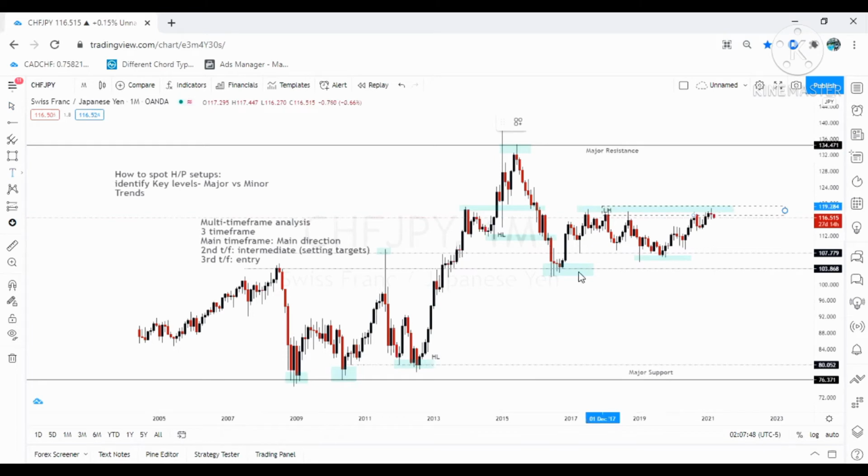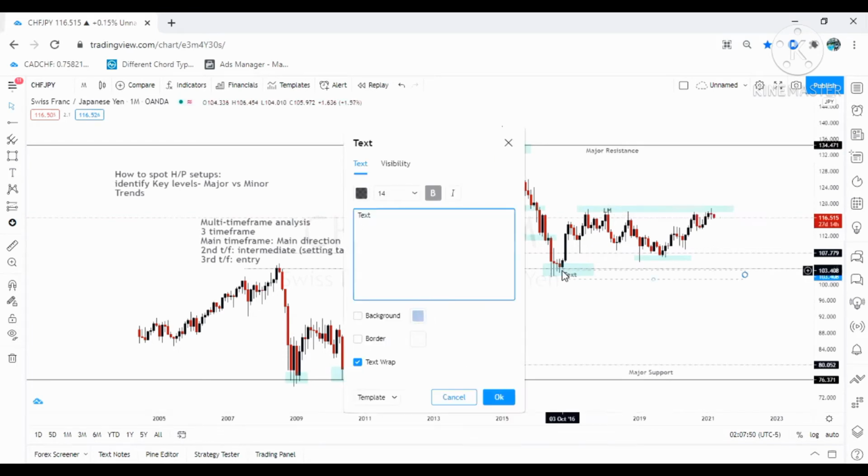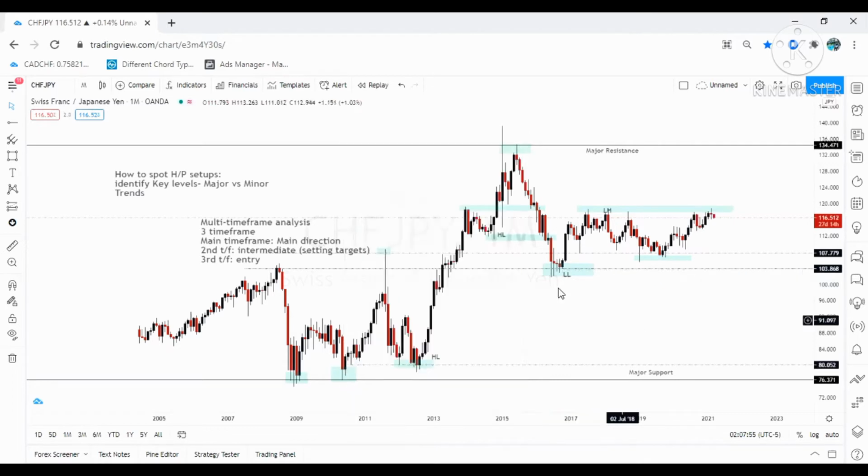This became like a lower low. Why? Because the low is below our previous high, right? So we're not yet in a downtrend. Why? Because we haven't formed another lower high.